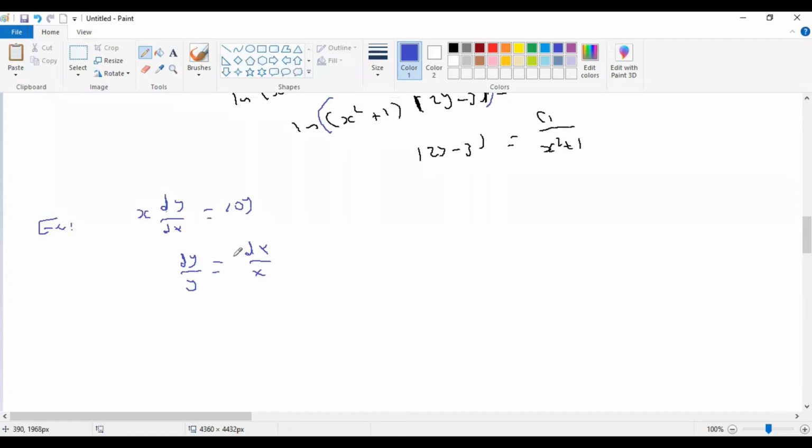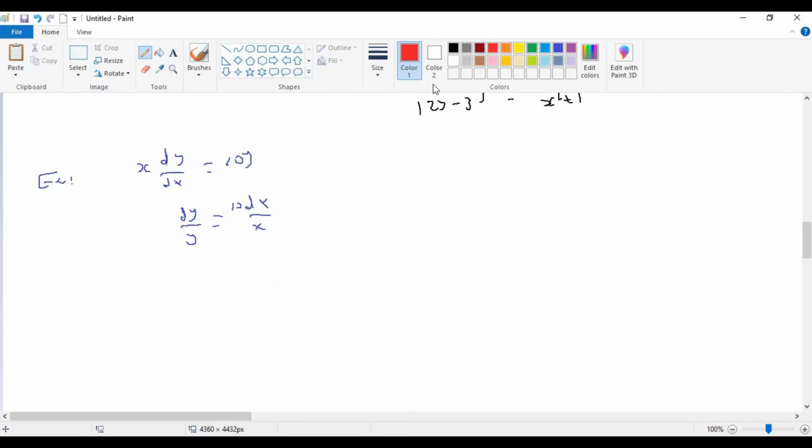The variables are y on one side and x on the other side. So this will be ln y equal to 10 ln x plus c at the right. Or I can write ln c directly from the beginning. So I carry this one plus c.